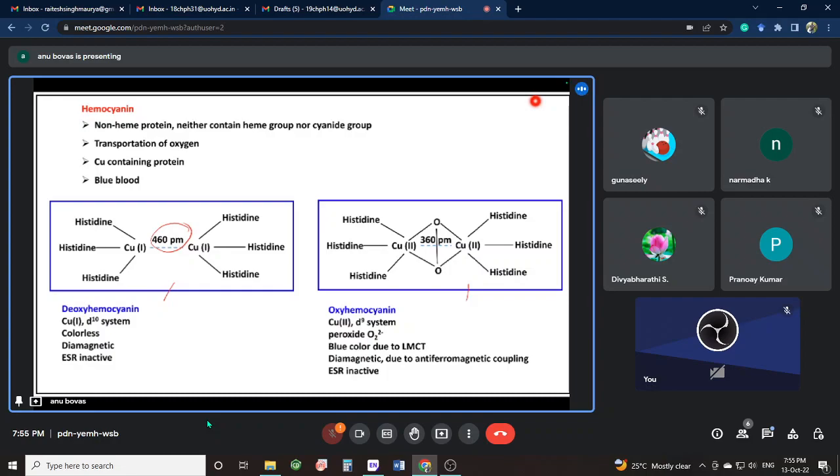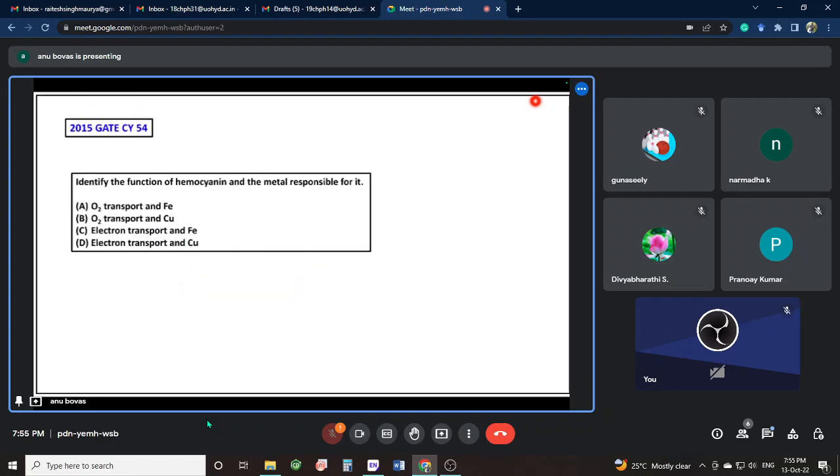So we can solve some 2 questions from the hemocyanin part, and then you will understand what type of questions have been asked from this particular topic. The first question was asked in 2015 GATE chemistry, 54th question.